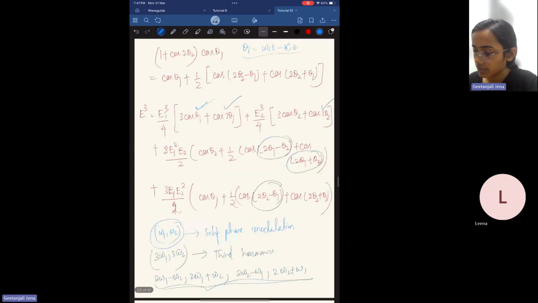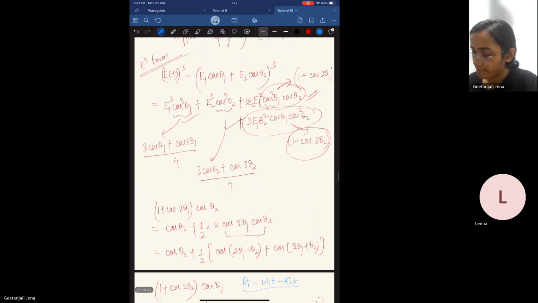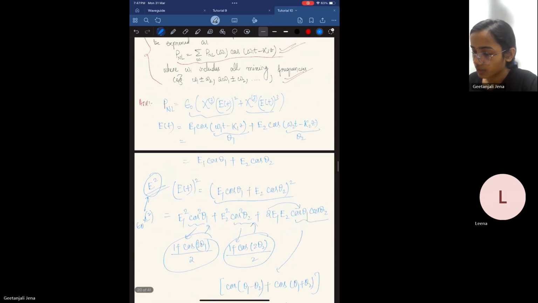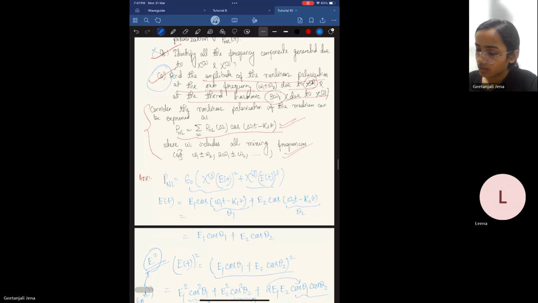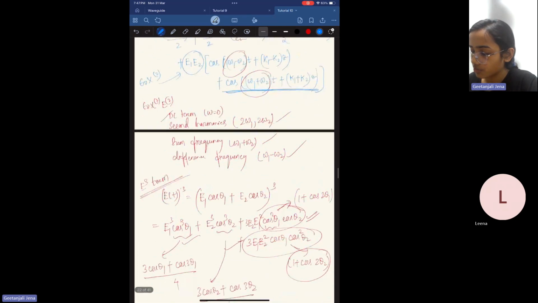For the second part, the third harmonic component due to chi 3, we need to see what is the coefficient of 3 omega.